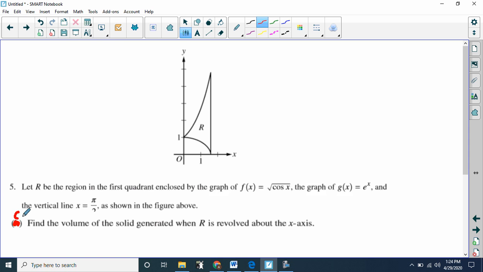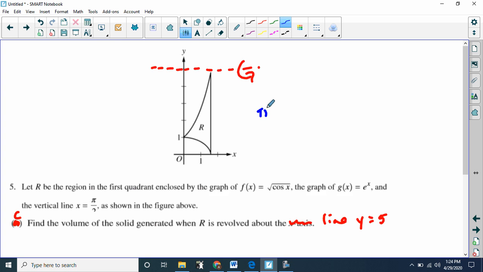Part C, we are doing the same thing, but let's go about the line y equals 5. And so we are revolving about this line right here. Again, we're going about a horizontal line, so we're going to use the disk method.